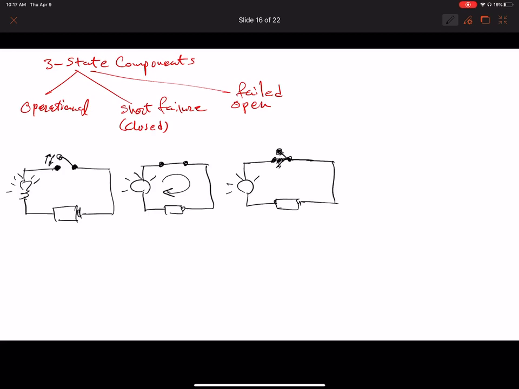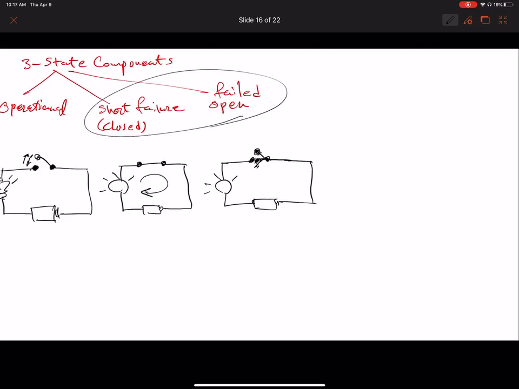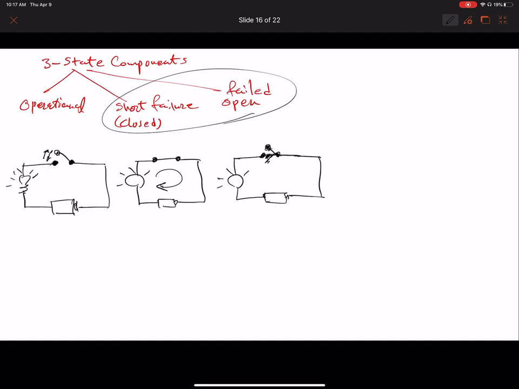If you're thinking of only one of these switches, it's easy to incorporate into the reliability of the system because these two are just failure modes, and we can assign a probability to both of them, and this could be the operational, so it becomes like the normal two-state device.